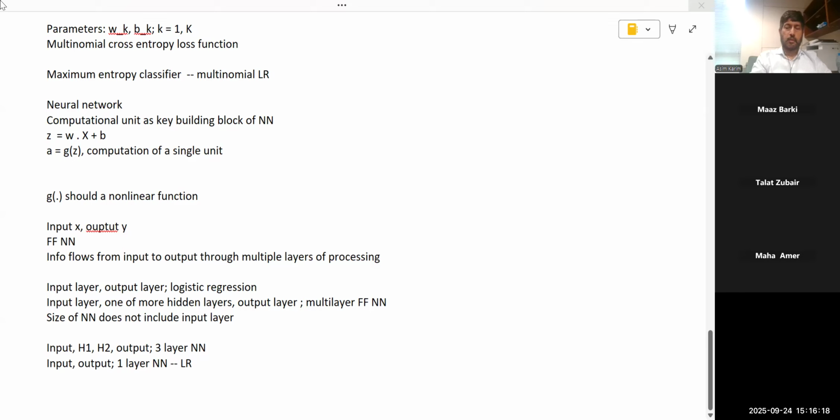ठीक है. So this will include the chapters from the book: chapter 11, section 11.1, and this is the complete section 11.1. So let me write it here maybe.